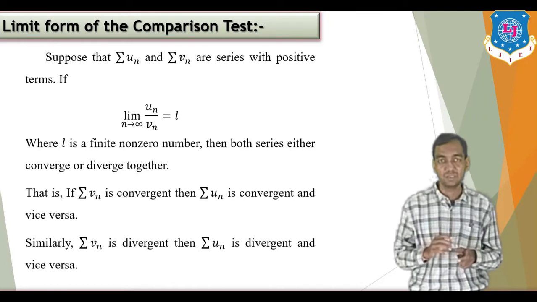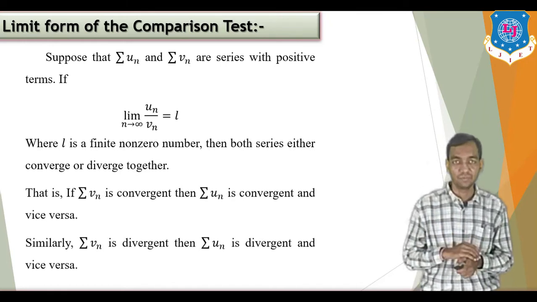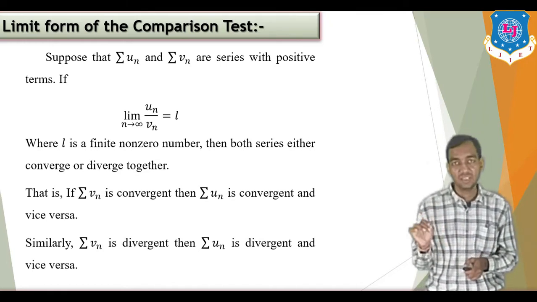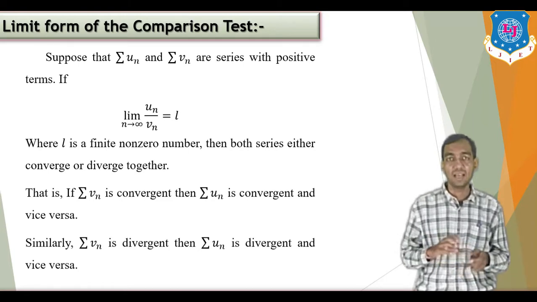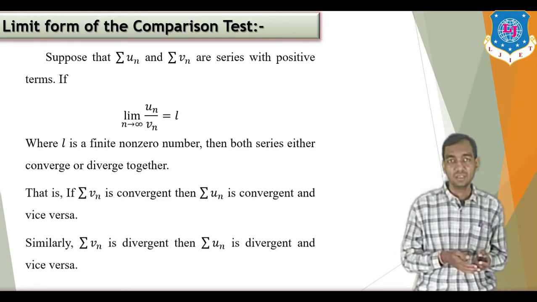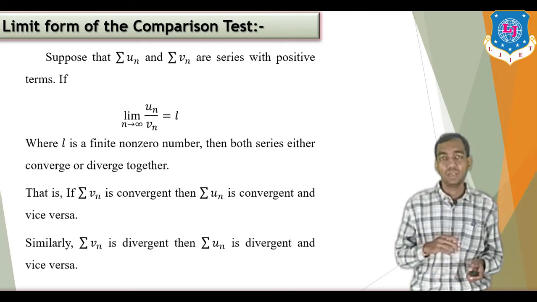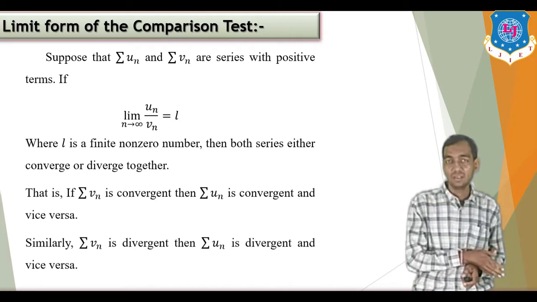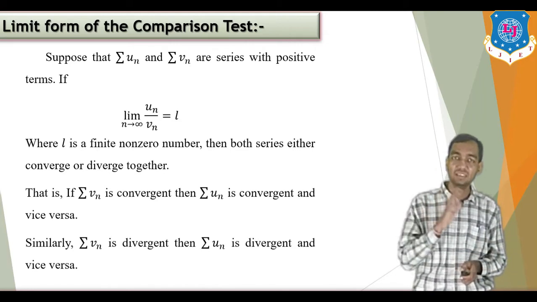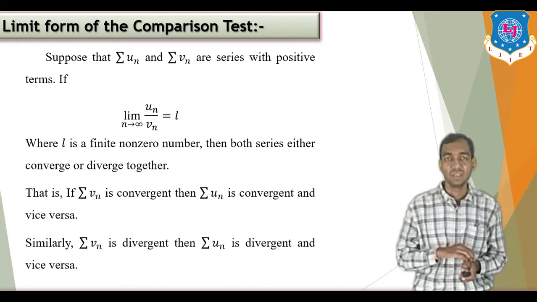That means l must be some non-zero finite number. Then both series are going to converge or diverge together. That means both are going to be convergent or both are going to be divergent. So if sigma vn is convergent, then sigma un is also convergent, and if sigma vn is divergent, then sigma un is also divergent.